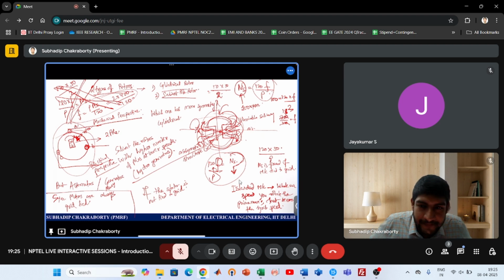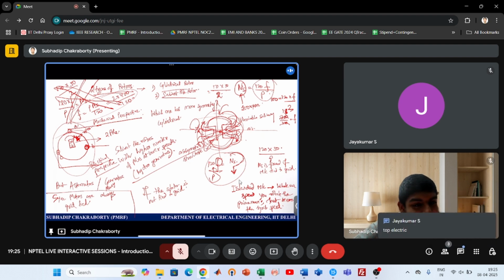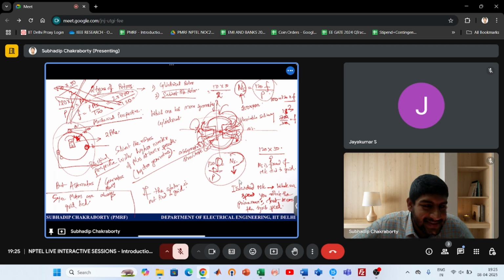You know, in railways, where do the coaches get the power from? From some battery banks. No, that top electric is only for the engine. So you just go and see. There are many interesting things that you will come to know.